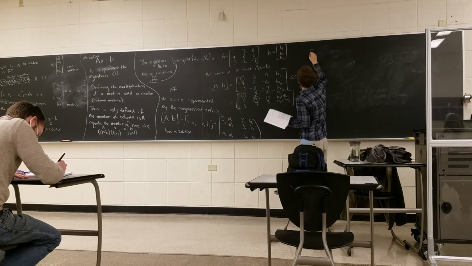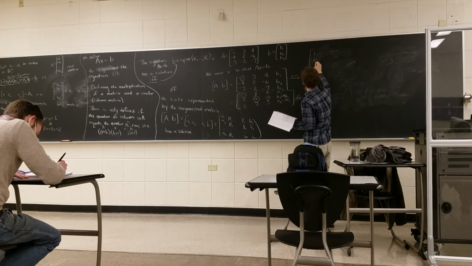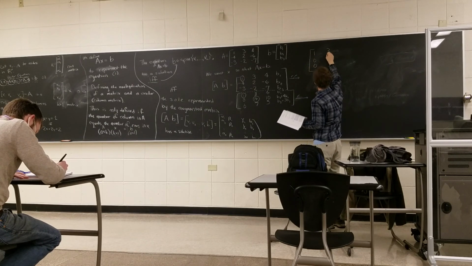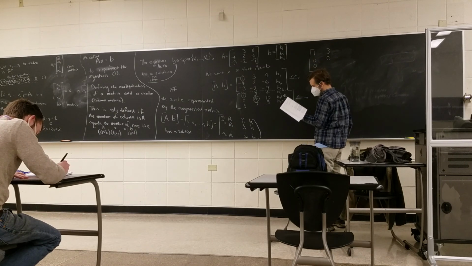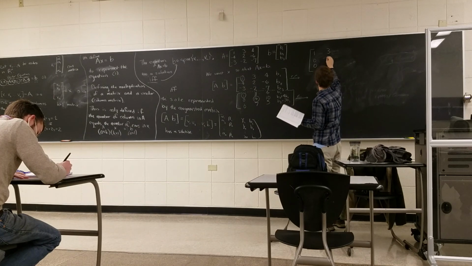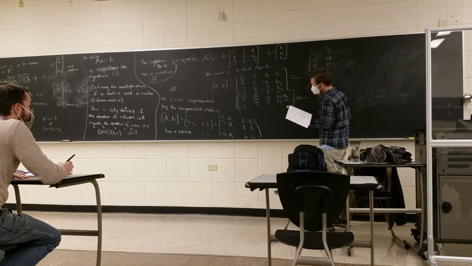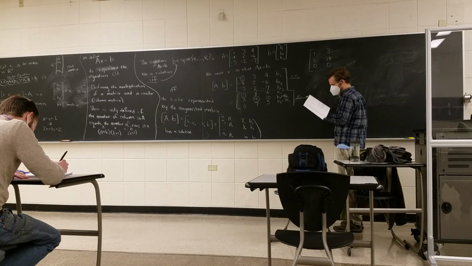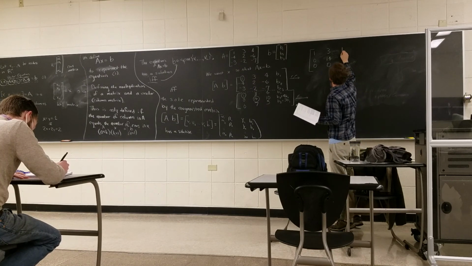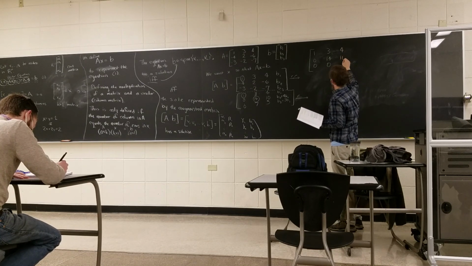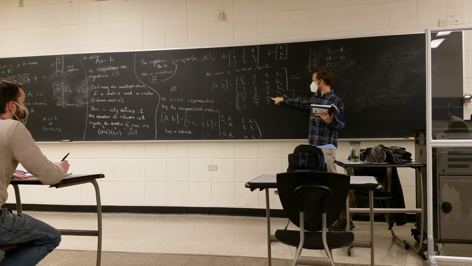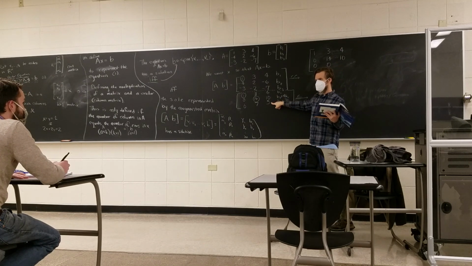What do I get as a result? 1, 0, 0, 3. It better be 0 here. And then if I multiply this by negative 1/2 and add it to this, I get 0 again.